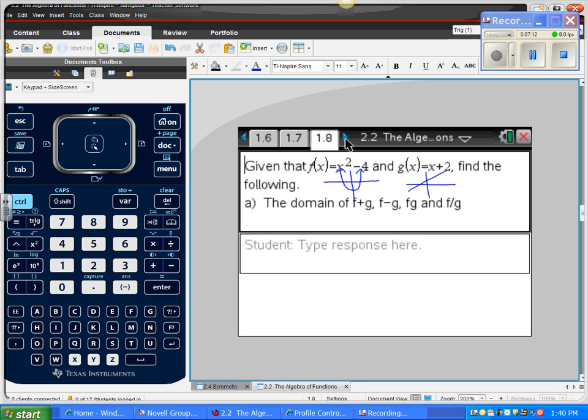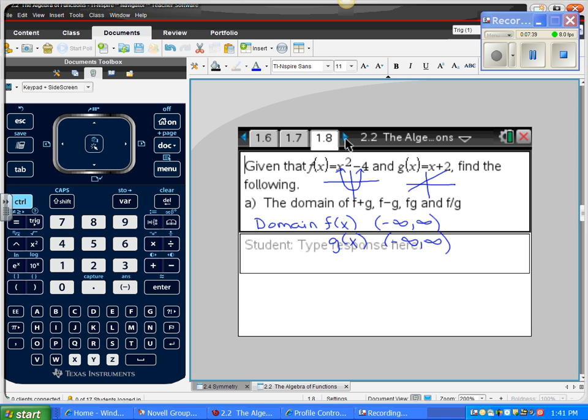So if we're talking about domain, we're talking about the x values. All right? So with a parabola, you guys should know that my domain is all real numbers, negative infinity to positive infinity. With a straight line, again, negative infinity to positive infinity.